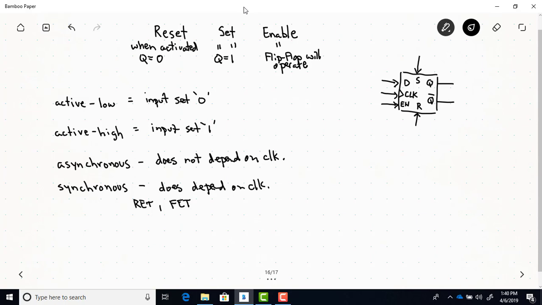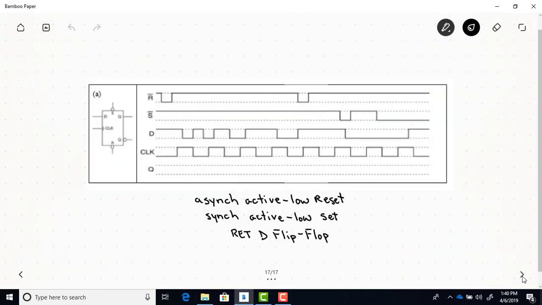All these inputs, the reset, the set, and the enable, can all either be active low or active high, and they can all either be asynchronous or synchronous. So let's do an example with a timing diagram that has these various inputs.